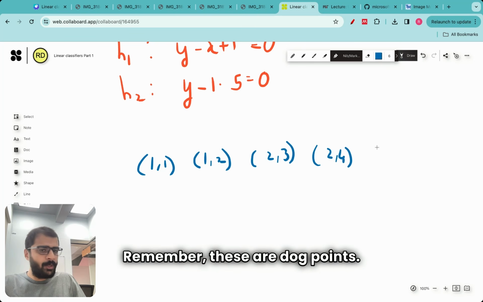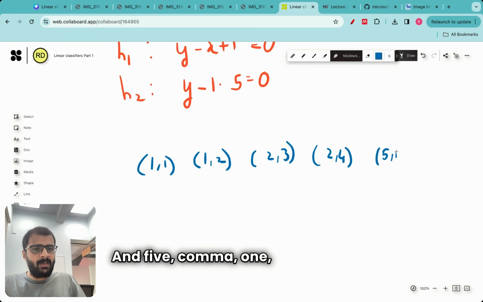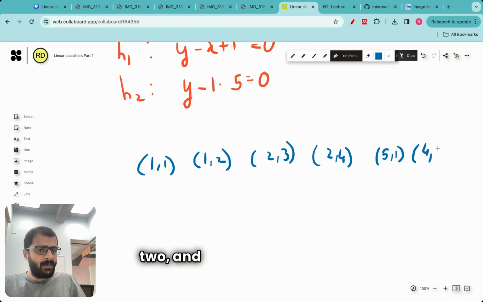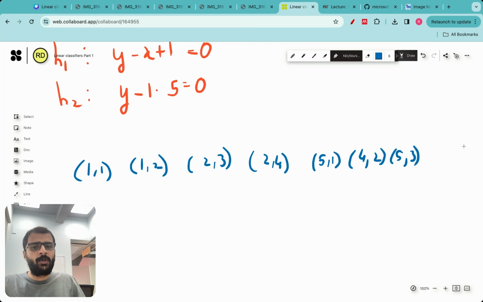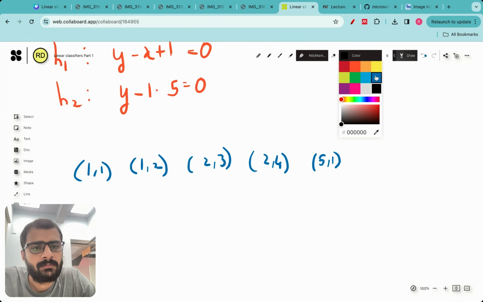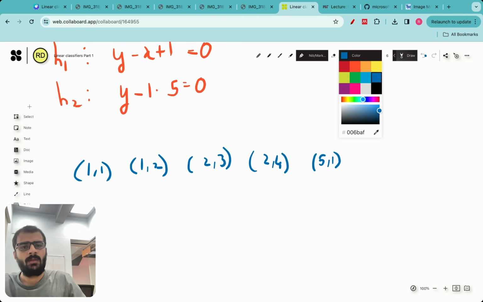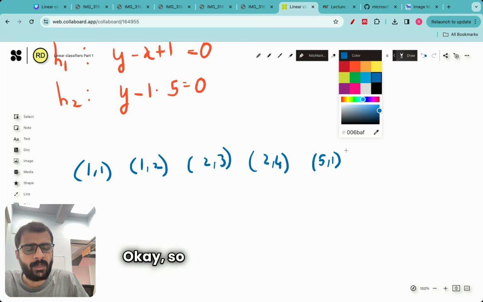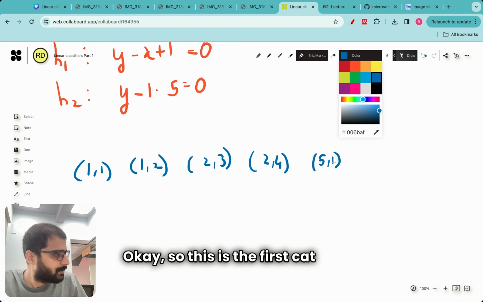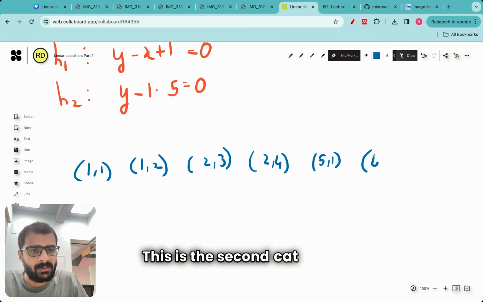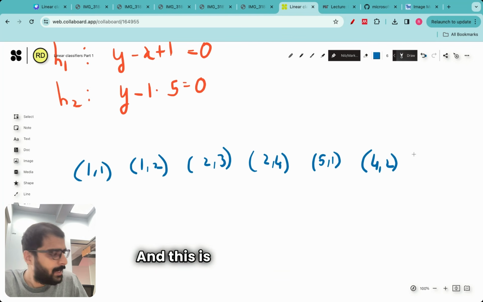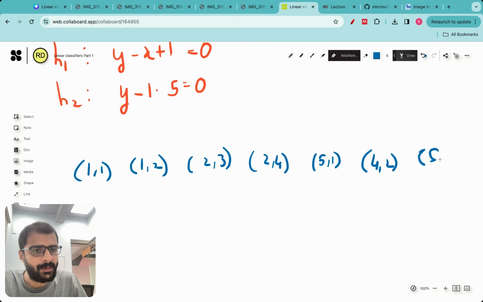Remember, these are dog points, and 5 comma 1, 4 comma 2, and 5 comma 3. These are cat points. Let me give some separation here. So this is the first cat point, this is the second cat point, and this is the third cat point.